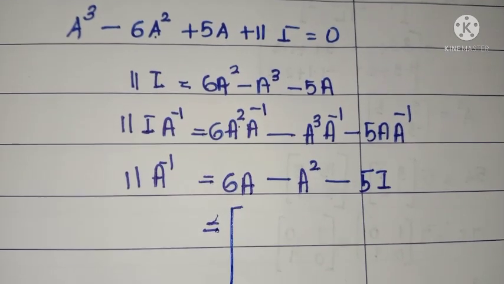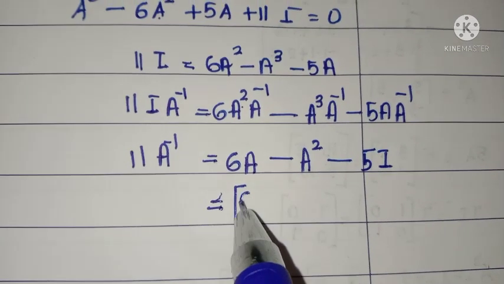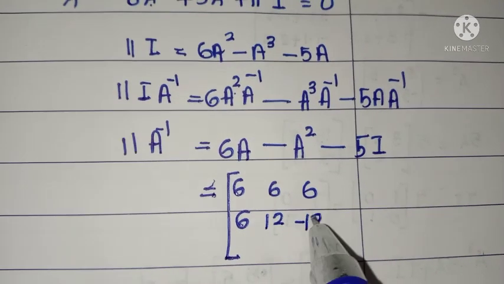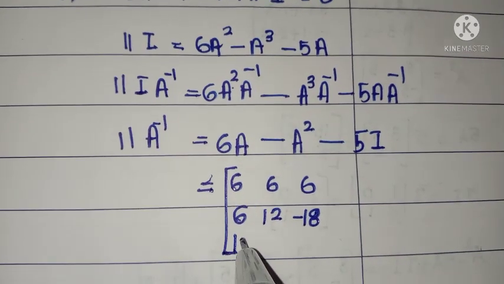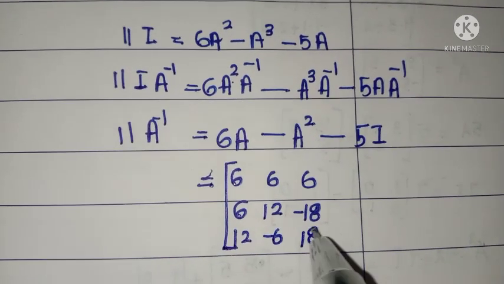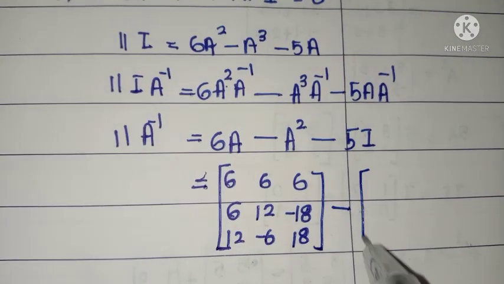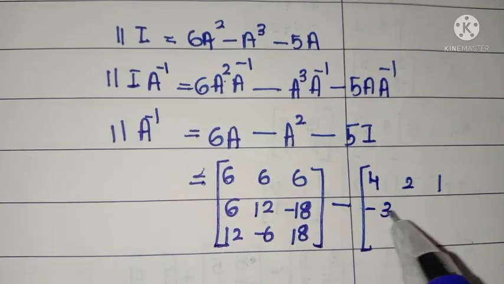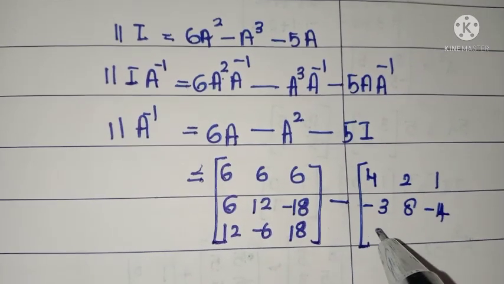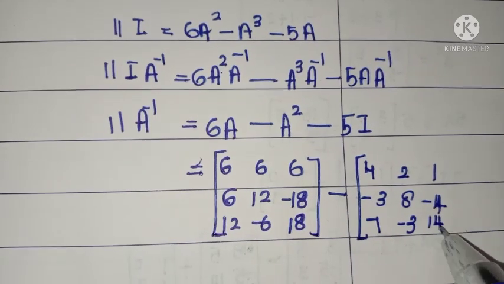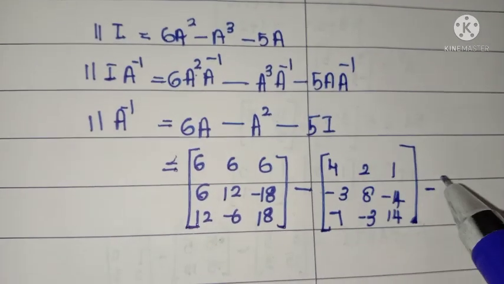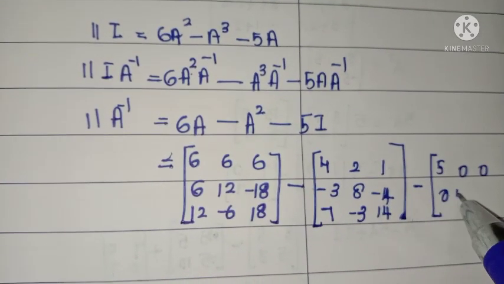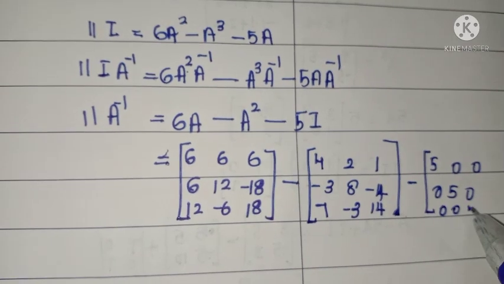6 into A. 6 into A is the matrix 6 6 6, 6 12 minus 18, 12 minus 6 18. Minus A square is the matrix 4 2 1, minus 3 8 minus 14, 7 minus 3 14, minus 5I. 5I is 5 0 0, 0 5 0, 0 0 5.